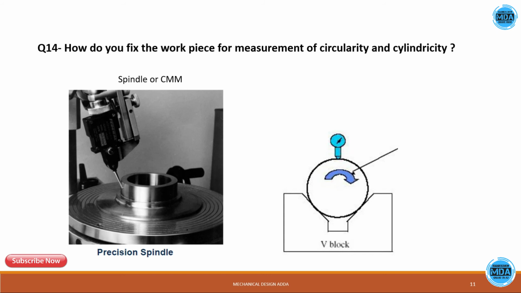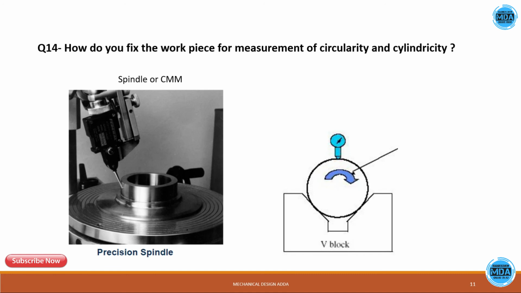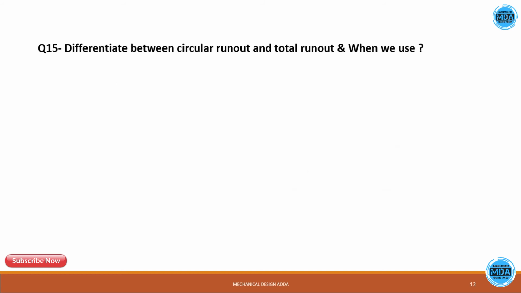In the first picture you can see the precision spindle, and using that spindle we measure the circularity with the workpiece placed on the rotating spindle. The next option is placing the workpiece on a V block and measuring the circularity or cylindricity with the help of a dial indicator.